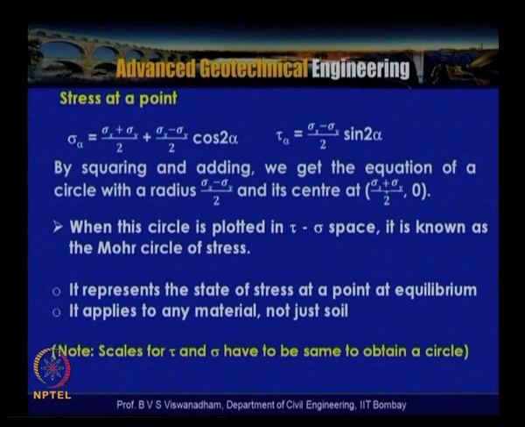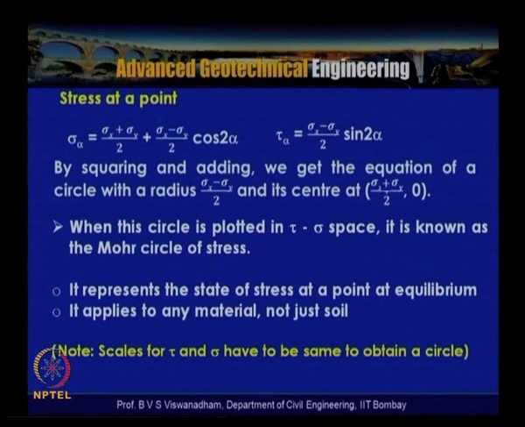Now sigma alpha is equal to sigma x plus sigma y by 2 plus sigma x minus sigma y by 2 cos 2 alpha, and tau alpha is equal to sigma x minus sigma y by 2 sin 2 alpha. By squaring and adding, we get the equation of a circle. Sigma alpha squared plus tau alpha squared gives the equation of a circle with a radius of sigma x minus sigma y by 2 and its center at sigma x plus sigma y by 2 comma 0.